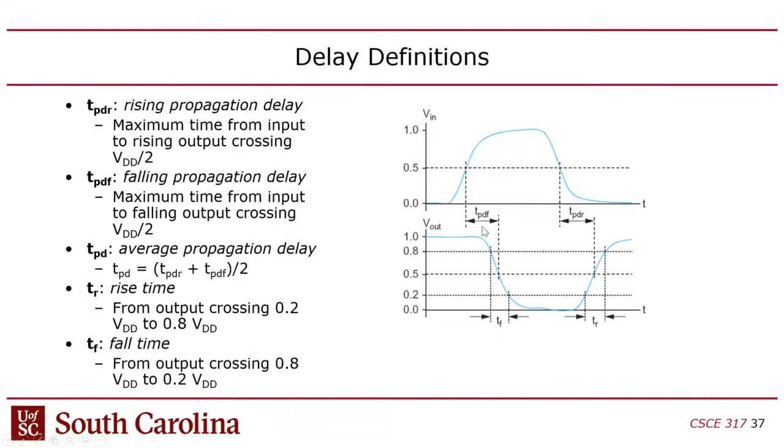The propagation delay is the input to output delay of the gate, whereas the rise and fall time is the time it takes the signal on the output to go from 80% to 20% of VDD. What I was referring to was that the rise time is usually a little longer than the fall time because of the not quite perfect sizing of the PMOS transistors relative to the nMOS.